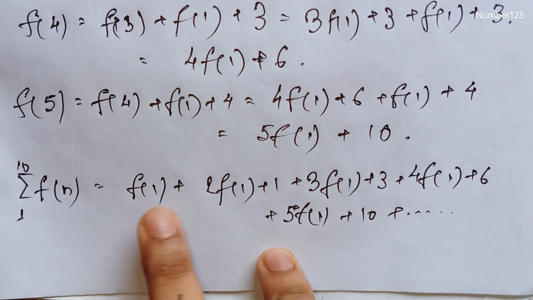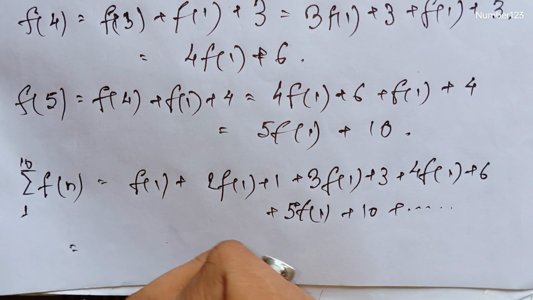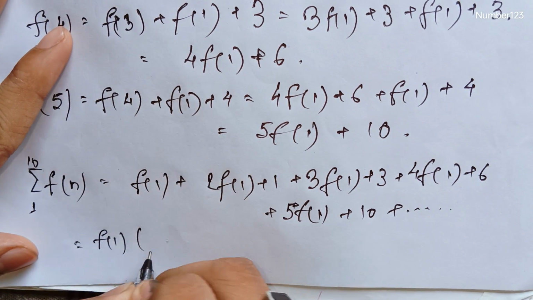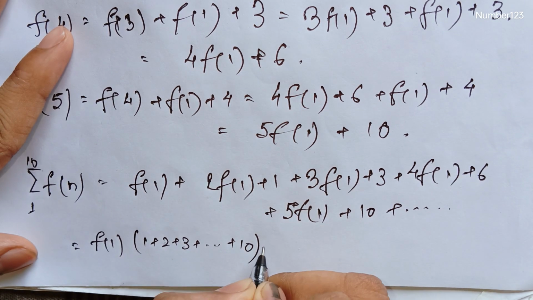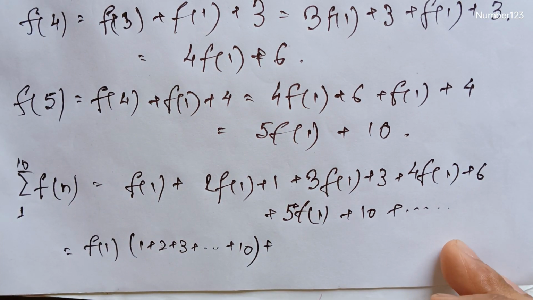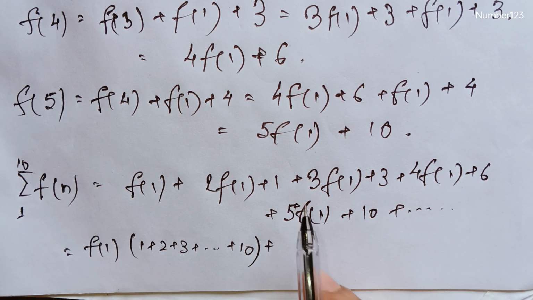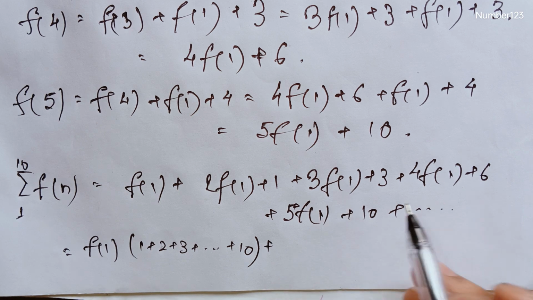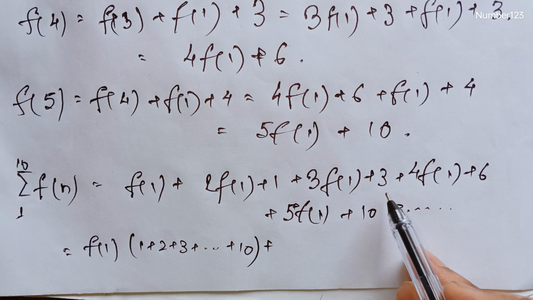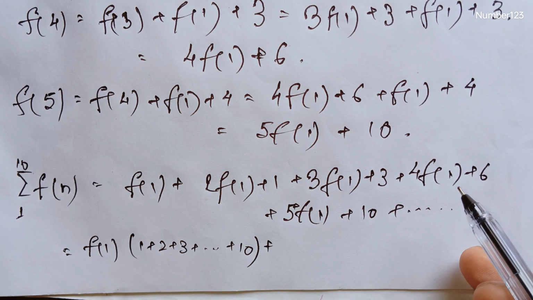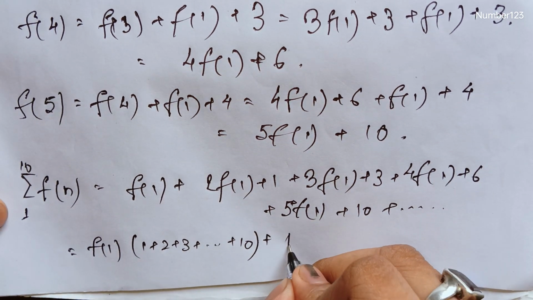Therefore f(1) + 2f(1) + 3f(1) + 4f(1), up to the 10th term, we can write as f(1) into (1 + 2 + 3 up to 10), plus now the next terms 1 + 3 + 6 + 10. See, the first term is 1, second term is 3, third term is 6. So if we sum up all of the terms, we will get 165.